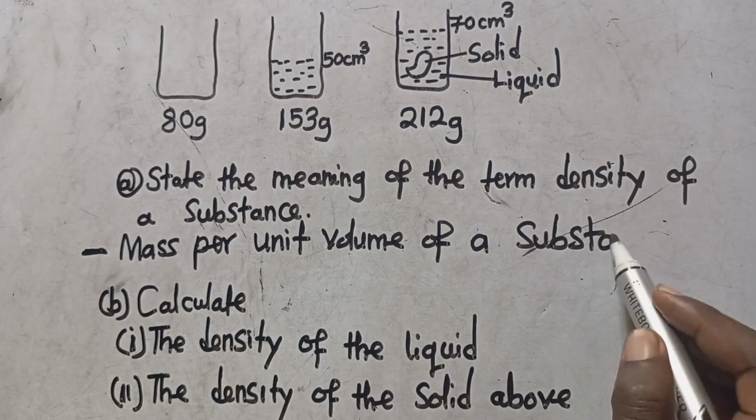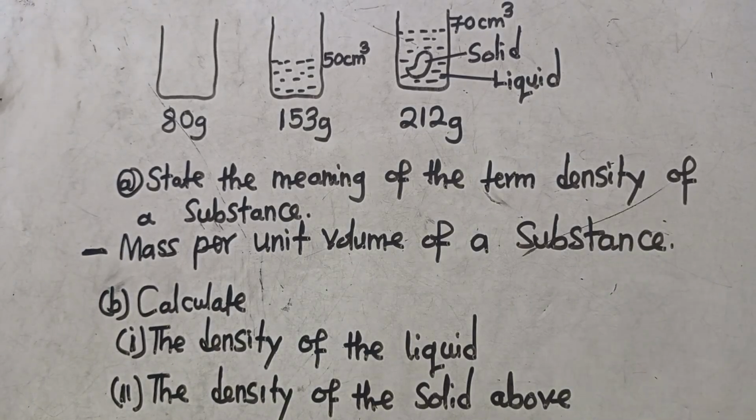This is the definition of density. So if I give you a question, what is density, this is what you are supposed to tell me. It is the measure of how closely packed the particles are in a substance.